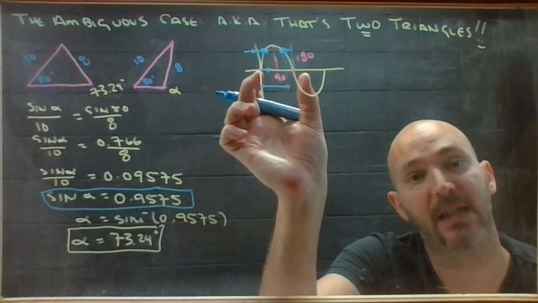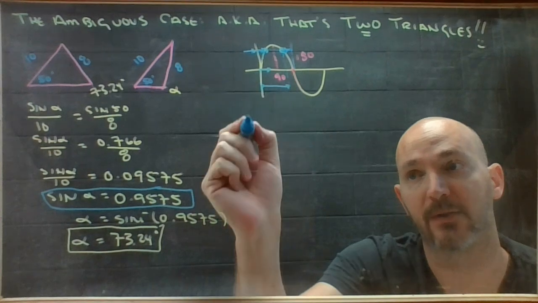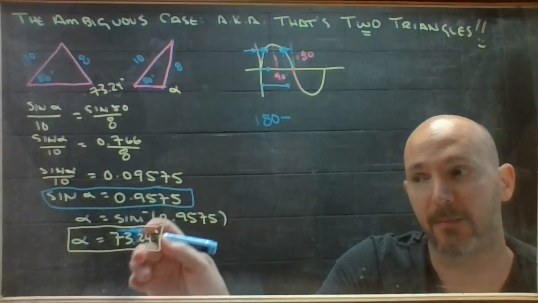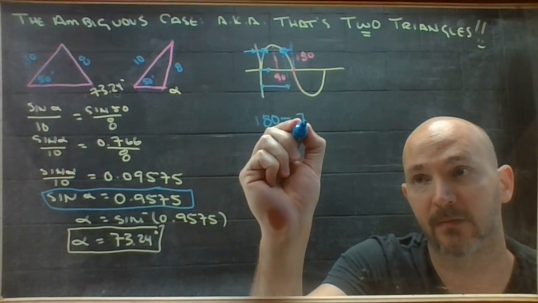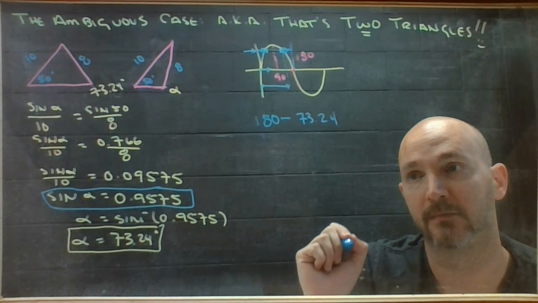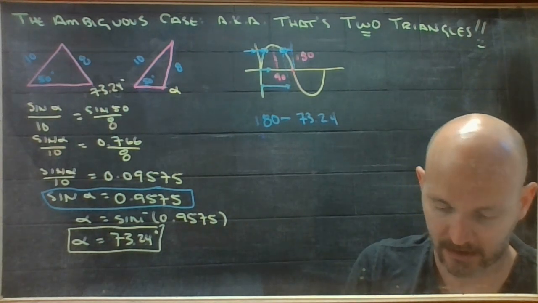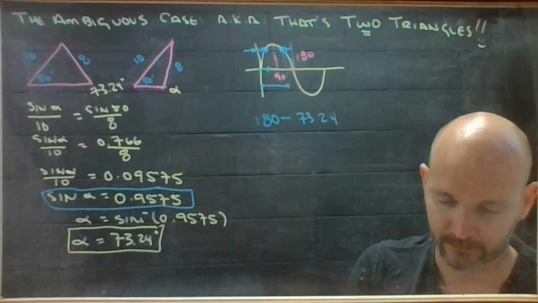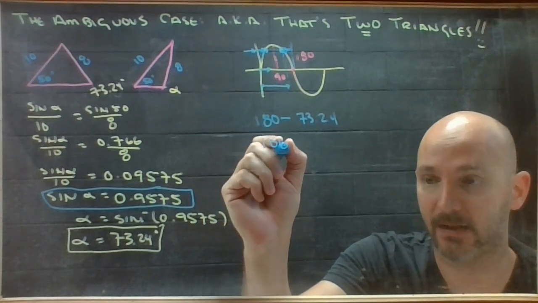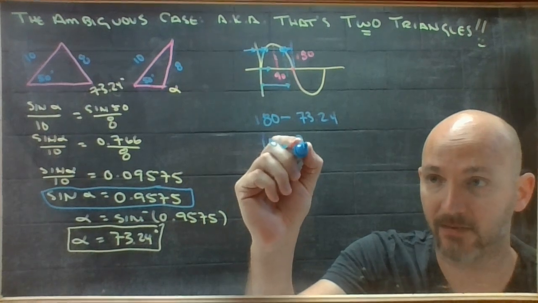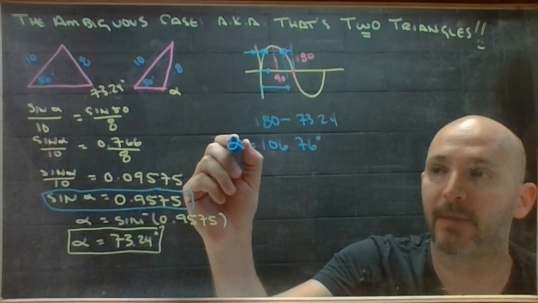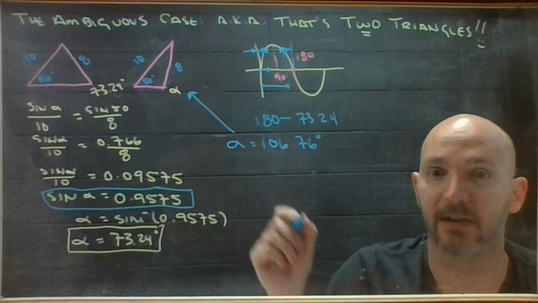Now, do you see that that distance is 180 back up this much? If I put that into the machine, I end up with 106.76 degrees. That's the value of this alpha here.